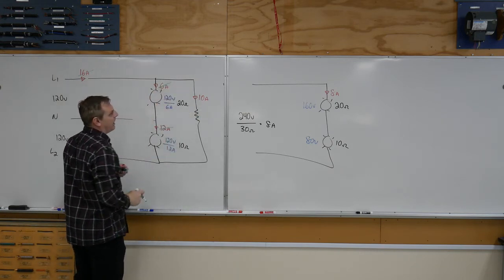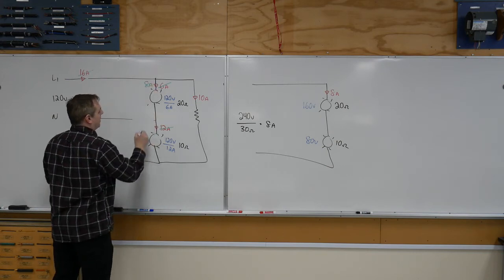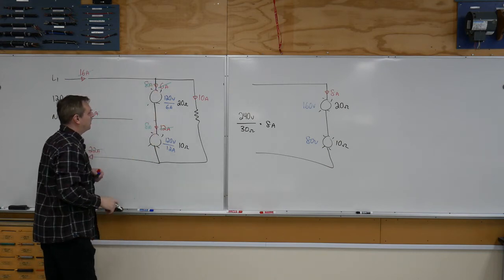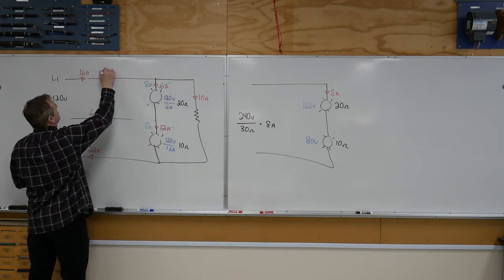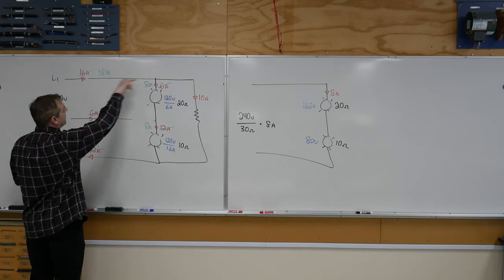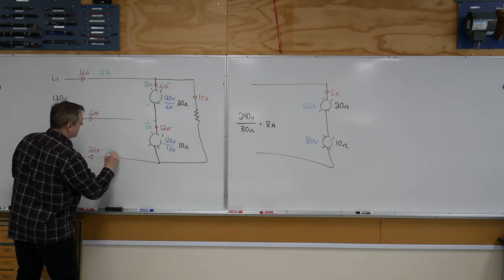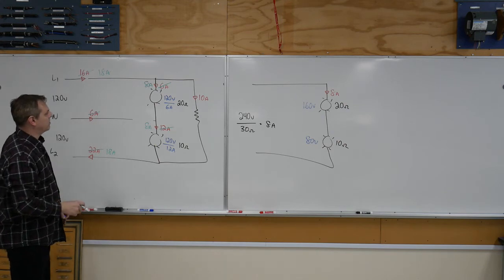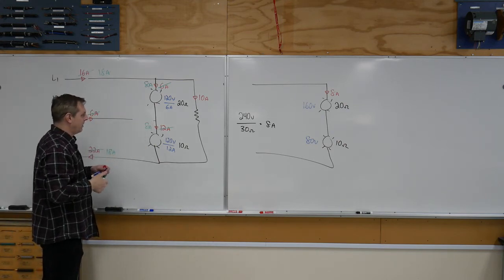That's still drawing 10, but we know we have 8 amps there and 8 amps here. So 8 plus the 10 gives me a new line current up here of 18 amps. And whatever leaves has to come back, so the 8 plus the 10 gives me another 18 amps there. No current on the neutral because it doesn't have an ability to flow because of our bad splicing.